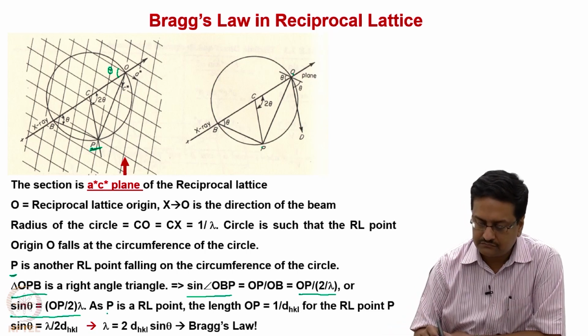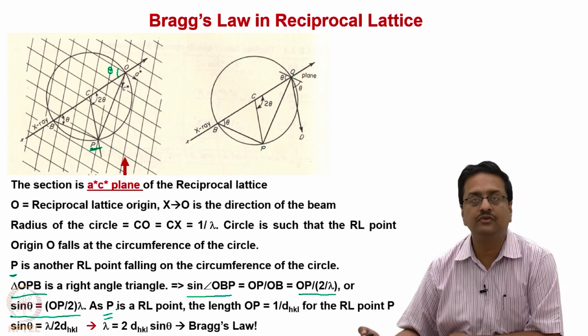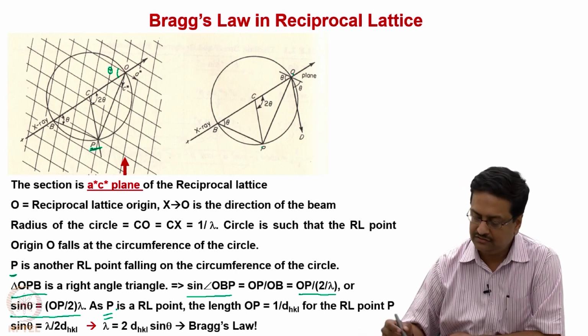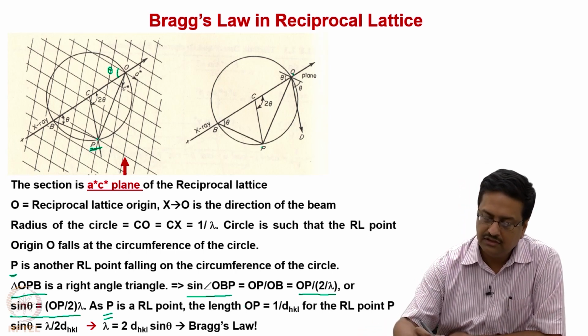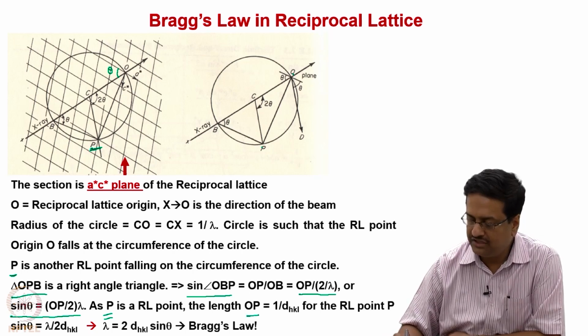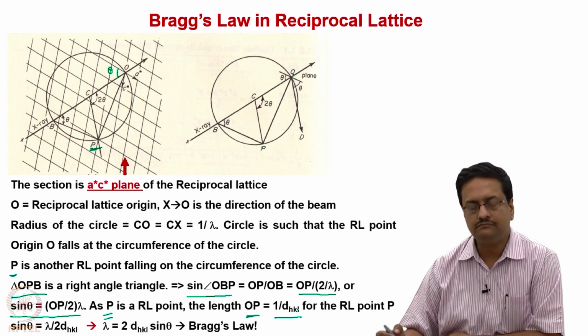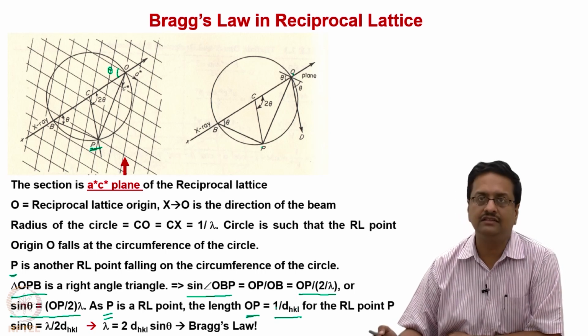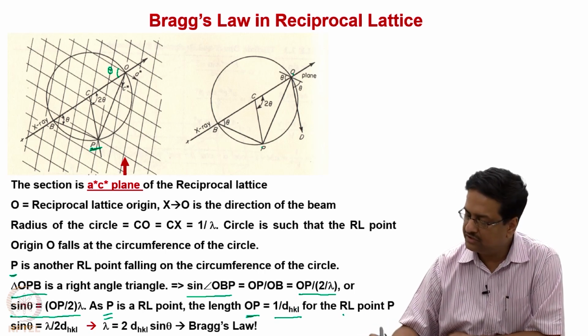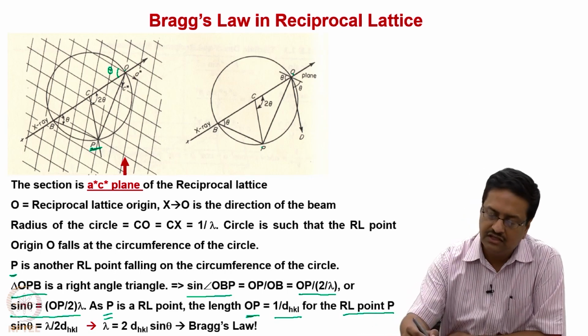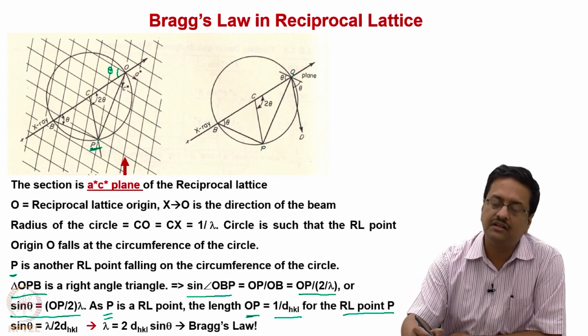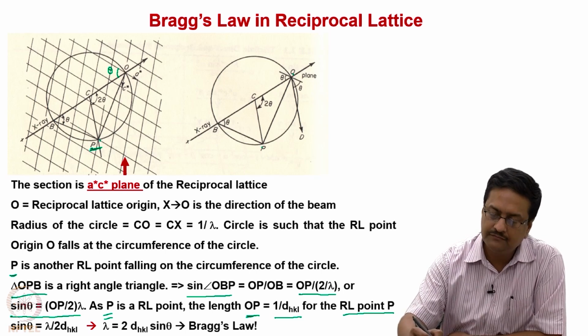Now, as P is another reciprocal lattice point, the distance OP must correspond to 1 by DHKL for the reciprocal lattice point P, because this OP is perpendicular to OB.